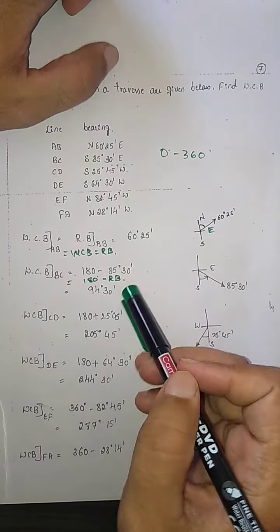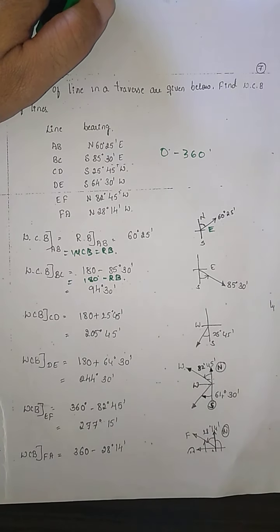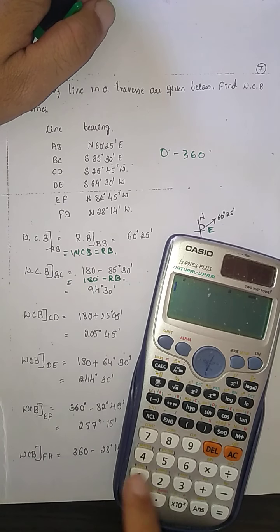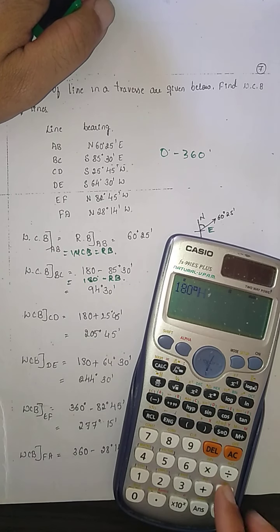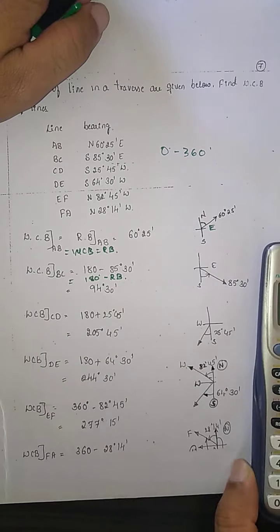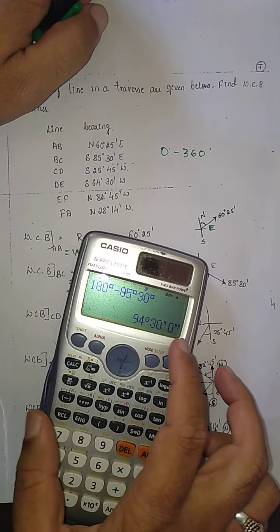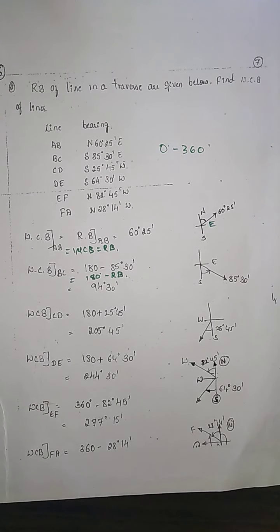So you will be using the formula 180 degree minus RB. Let us see how we convert it: 180 degree minus 85 degree 30 minutes. You are going to get 94 degree 30 minutes, and you write it as 94 degree 30 minutes.